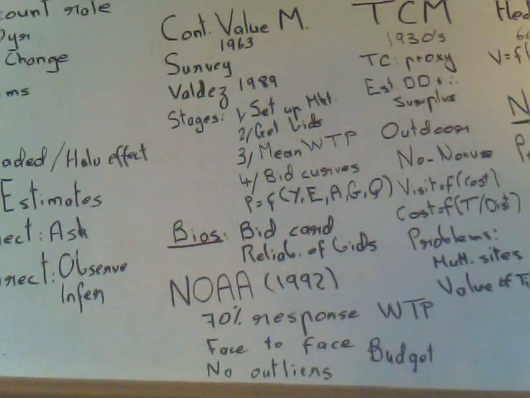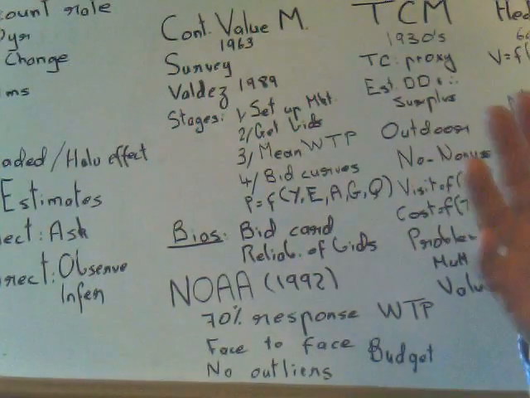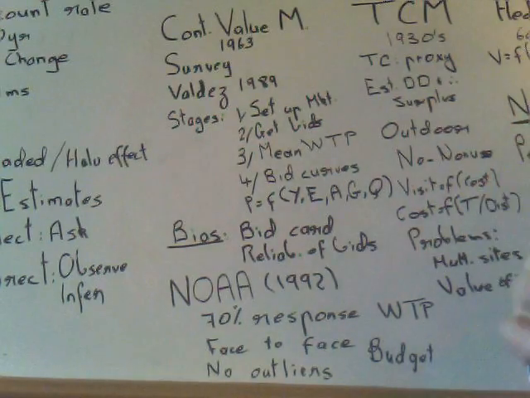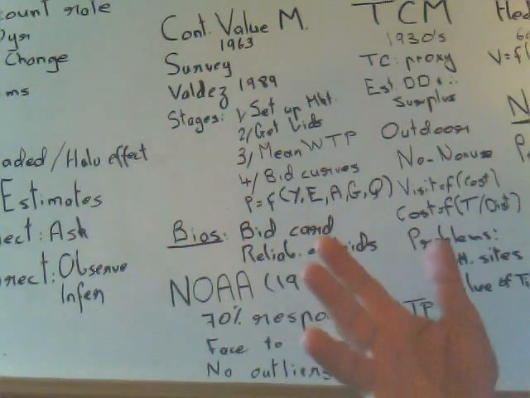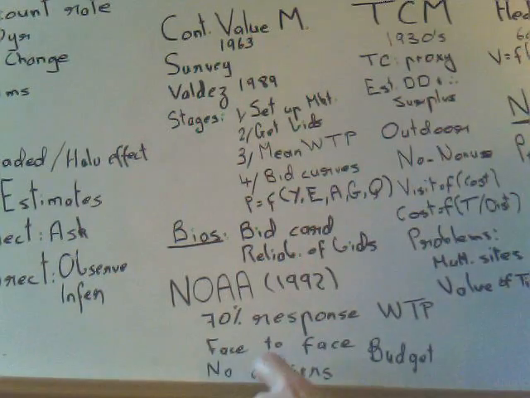No outliers. Because once you dismiss the outliers, you're getting rid of the people that are giving you a response in order to make sure that a particular project goes on, and you also get rid of the people that are trying to stop a particular project.